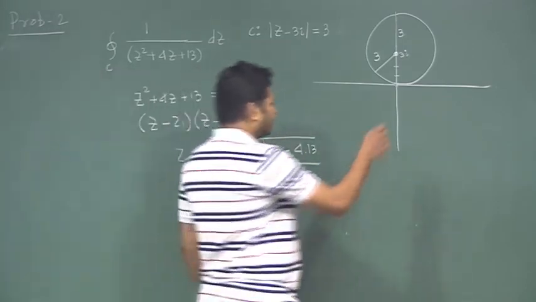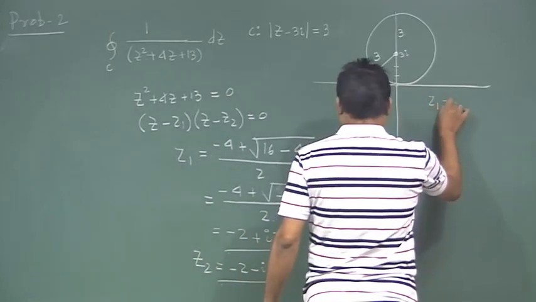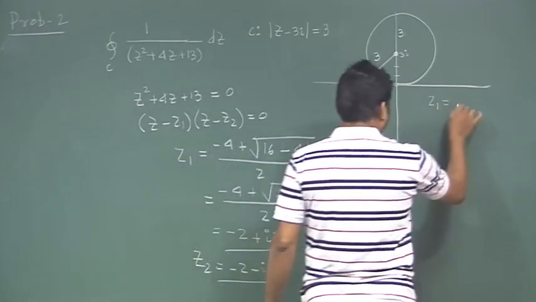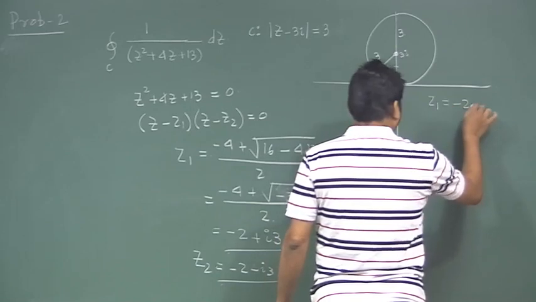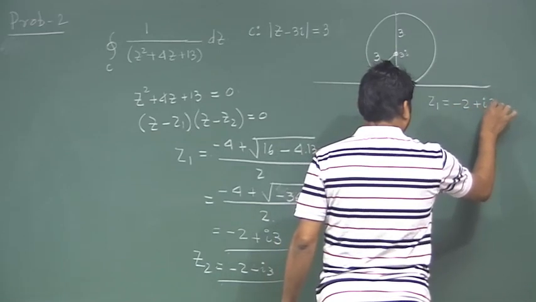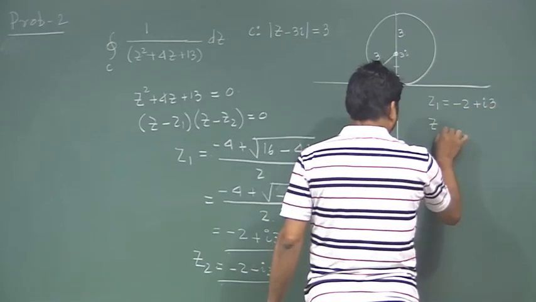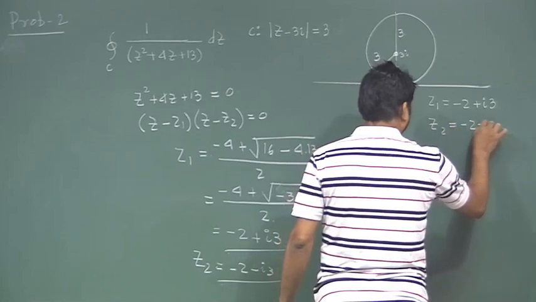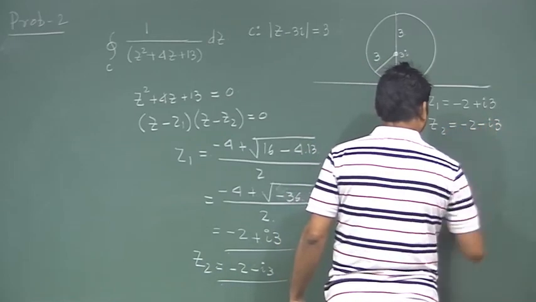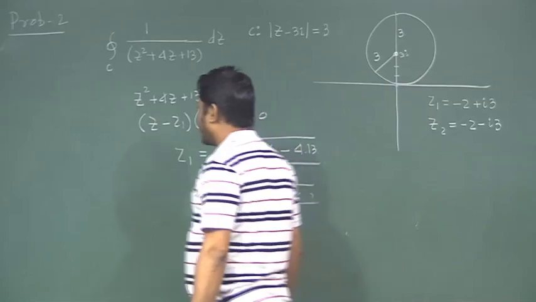So, z1 and z2 I have evaluated. Let me write it here somewhere. My z1 is minus 2 plus i3 and z2 is minus 2 minus i3. These 2 points I have.